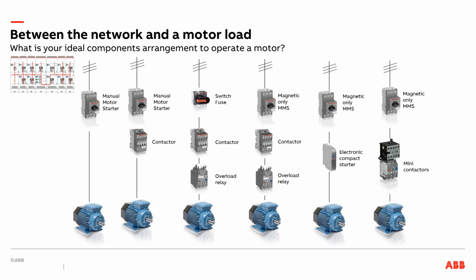We have this compact solution as well, with mini contactors and an overload, and magnetic only manual motor starter. And finally, anything above 100 amperes, we can go for MCCBs with special trip unit, eKeep M, and with the contactor.